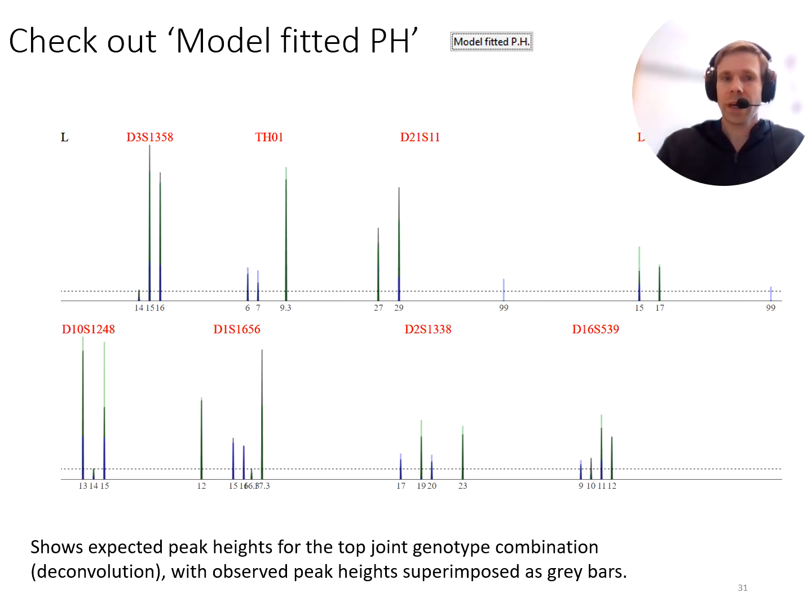Last, we can also do a model-fitted p-kite plot, where we can show how the observed peaks fit with the most likely genotype combination. This is based on deconvolution, where the top joint genotype combination will be highlighted along with the peaks. The colors here are the model, and the gray peaks are the observed peaks in the evidence.